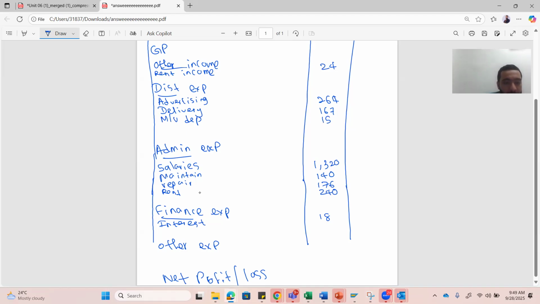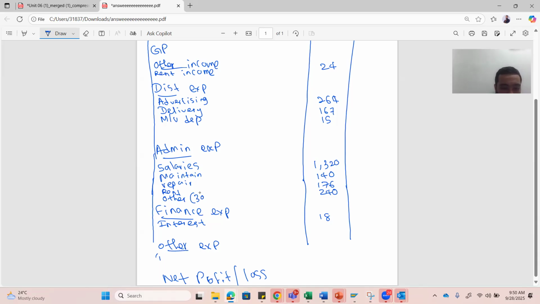Where does this come? Yes. It comes under administration. So there is a lot to write under administration, but I don't have enough space, so I will put as other and open a bracket and put furniture depreciation 30. Okay, I don't have enough space, that's why I'm doing this, but you all have enough space, right?